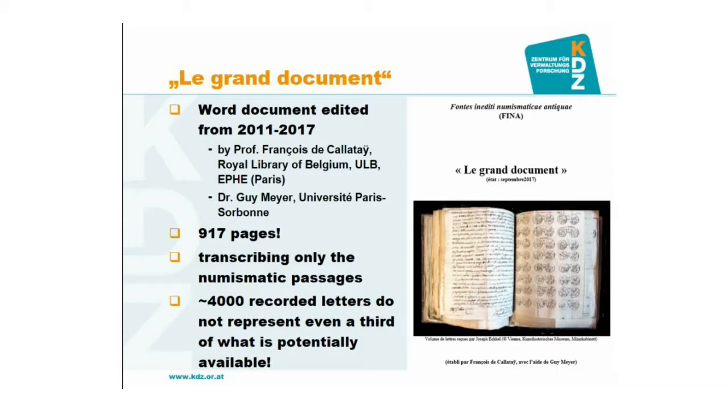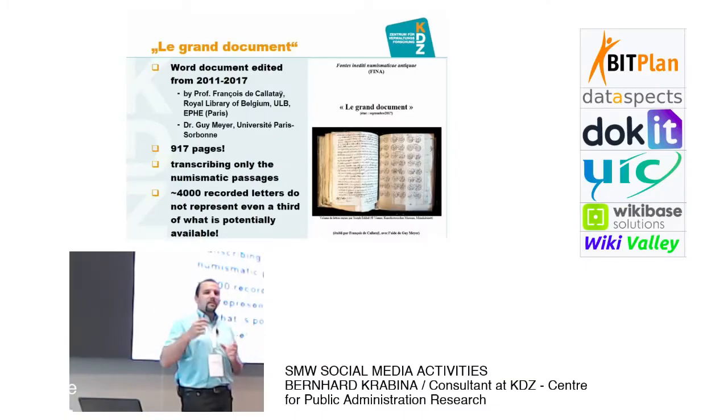There are some transcriptions of numismatic passages of the letters that these old scientists wrote to each other. They wrote each other letters about coins and about collections, and these parts are edited in this Word document. Around 4,000 of those records are recorded in this way, and it is, as the scientists say, even only a third of what is potentially available.